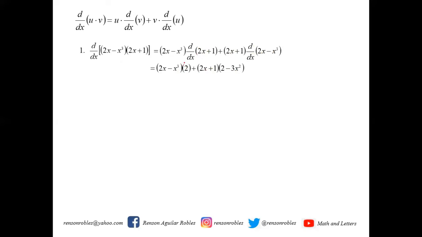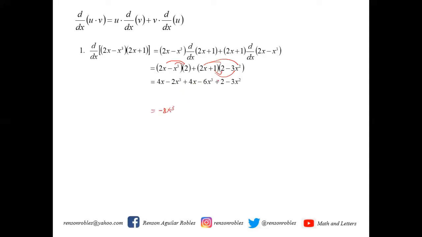So I will introduce 2 to each term inside, okay? And then you use the FOIL method here. And then you will have 4x minus 2x cubed plus 4x minus 6x cubed plus 2, that's 1 times 2, and then minus 3x squared. And then collecting similar terms, you have negative 2x cubed minus 6x cubed is negative 8x cubed, okay?